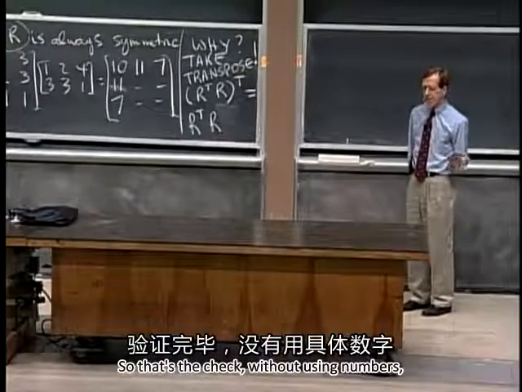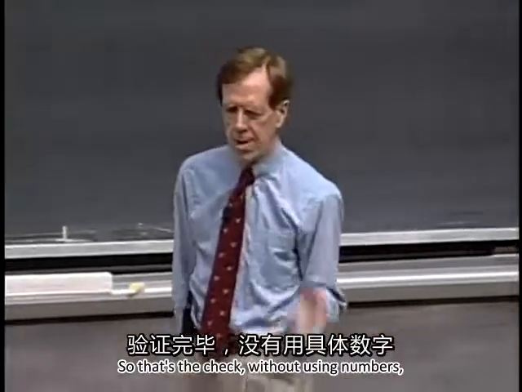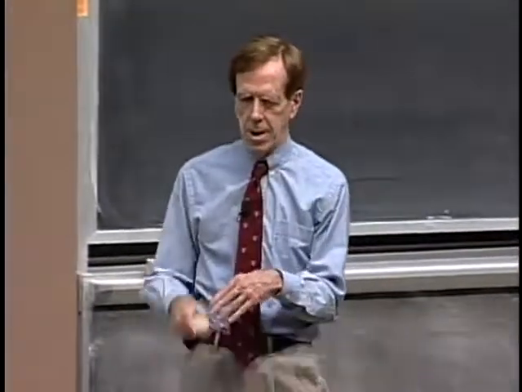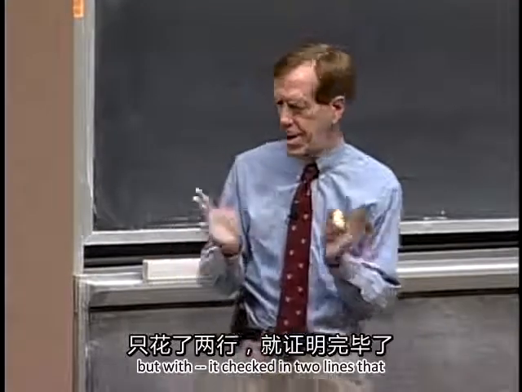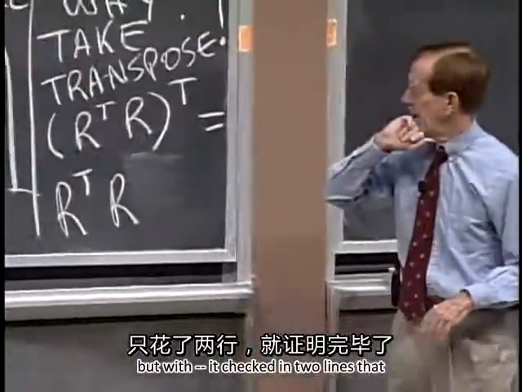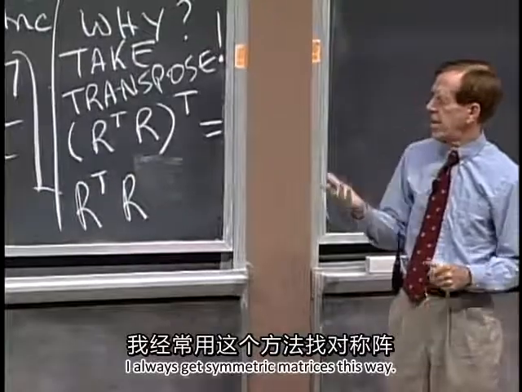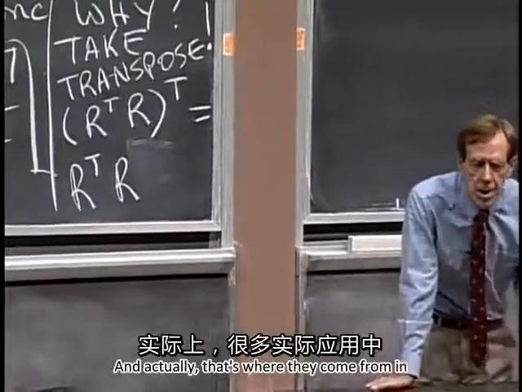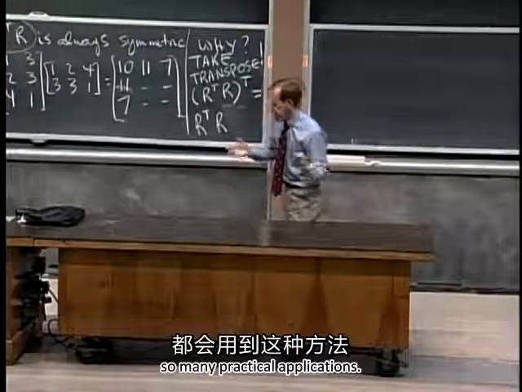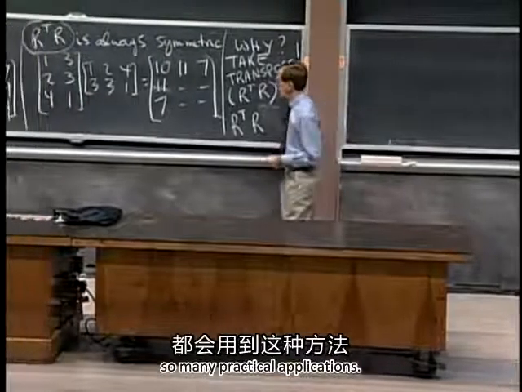So that's the check without using numbers, but with it checked in 2 lines that I always get symmetric matrices this way. And actually, that's where they come from in so many practical applications. Okay.